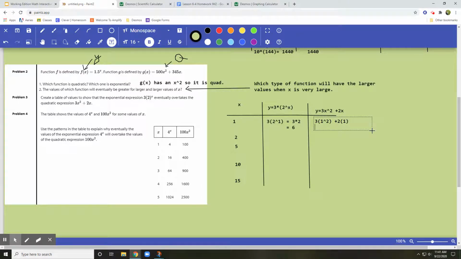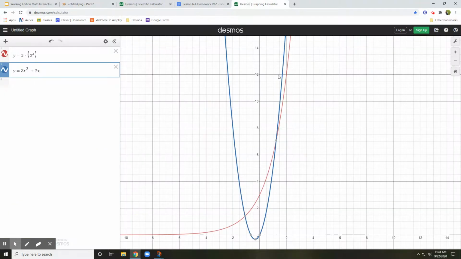So that's 3 times 1 plus 2 times 1, which equals a total of 5. So right now, this is already getting bigger, right?